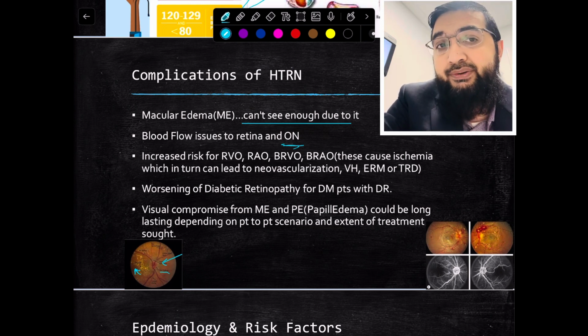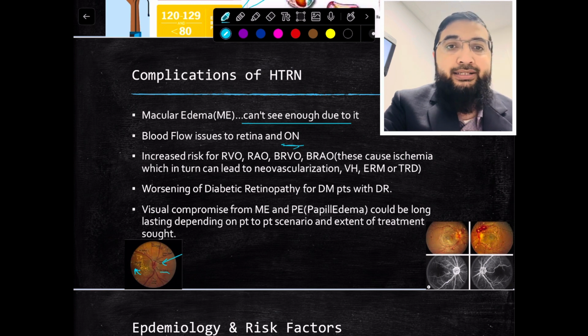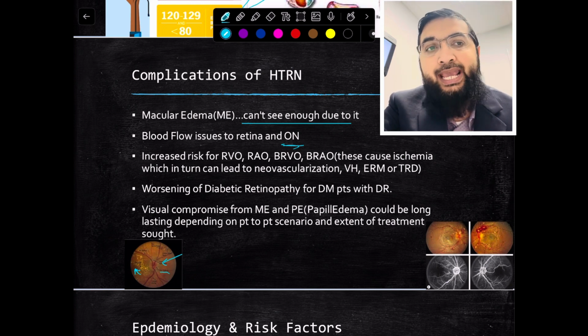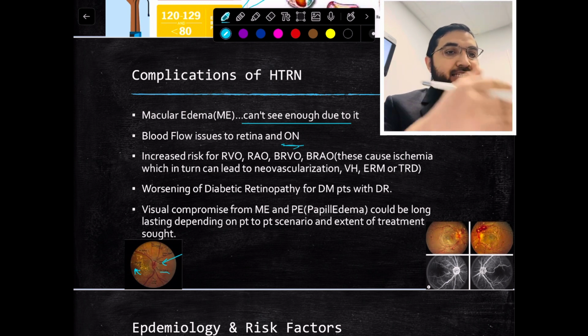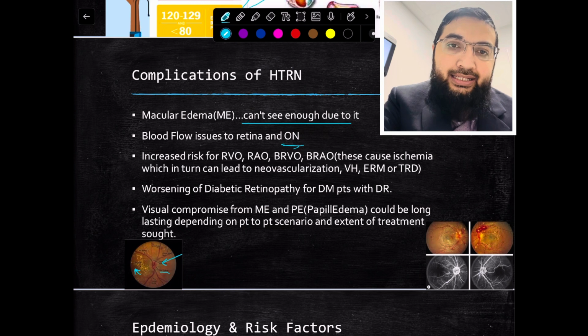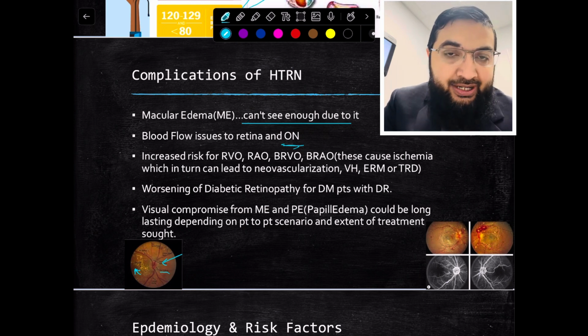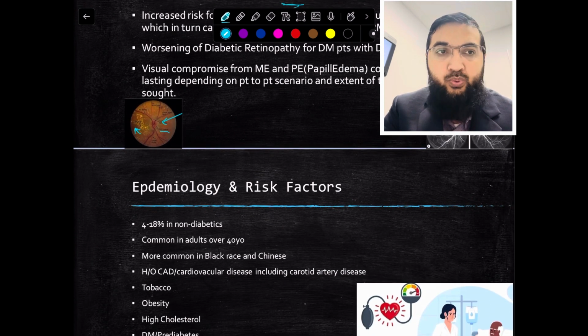Worsening of diabetic retinopathy: if somebody is already a diabetic retinopathy patient, this can get even worse. If someone has hypertensive retinopathy on top of diabetic retinopathy, things go south, things get worse.